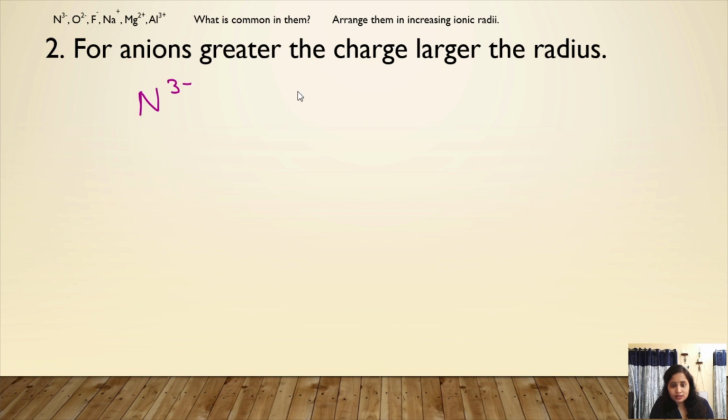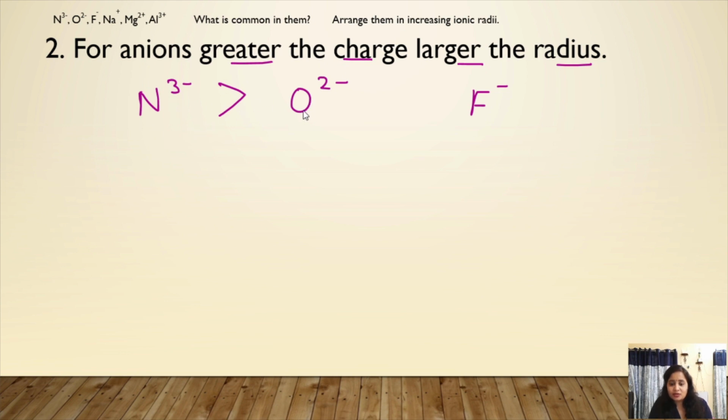The second will be O-2, and the third will be F-, or -1, we can say. Minus means -1. So, anions, greater charge. Which is greater? This one is greater, having 3 minus charge. See, greater charge, larger radius. Greater charge, large radius means large size.